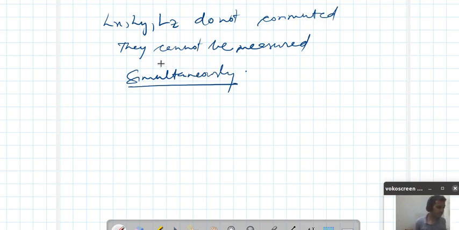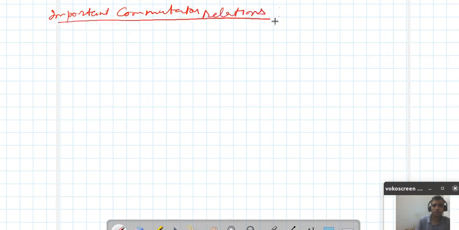Then there are certain other very important commutator relations which we have to keep in mind. So let me talk about important commutator relations. First is the commutator of x with Lx.